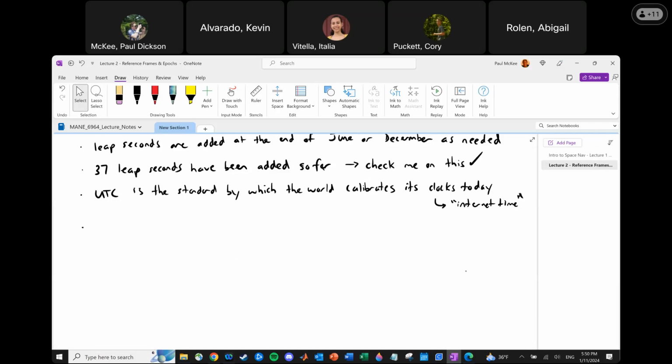Those of you that are familiar with something called SPICE, which we will talk about, users of the SPICE ephemeris system for keeping track of the position, velocity, and attitude of planets and spacecraft, developed by JPL, that's a capital P, will be familiar with leap seconds, and you will all be familiar with leap seconds at some point.